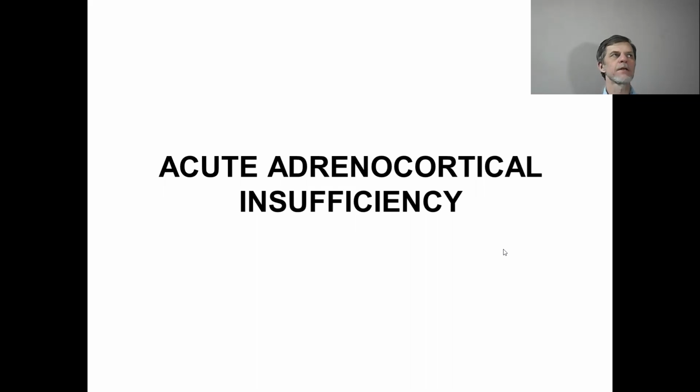I told you that in some cases, adrenal insufficiency may be a result of our treatment. Why? Because in many serious disorders, we use high dosages of glucocorticoids. Glucocorticoids are the most powerful anti-inflammatory, immunosuppressive, anti-allergic remedy.